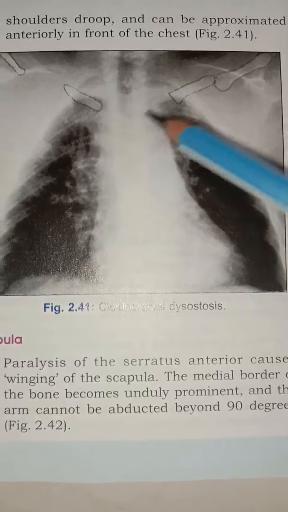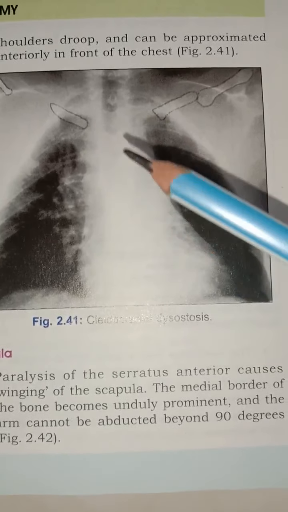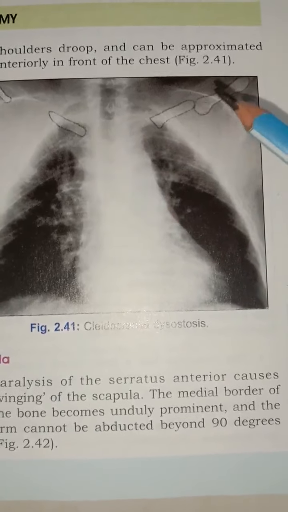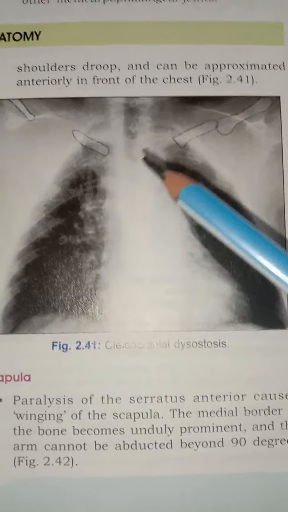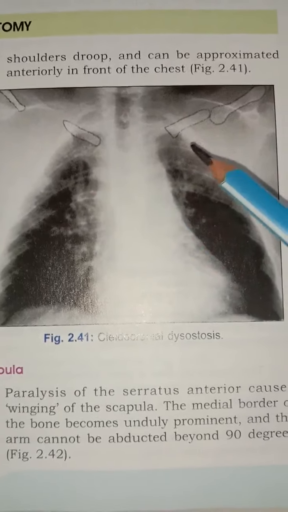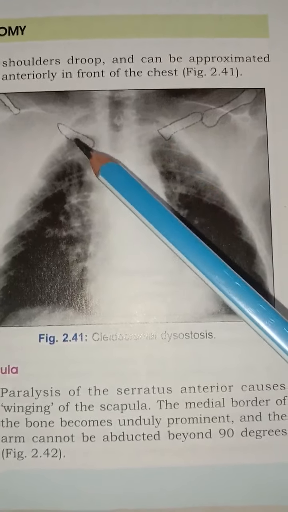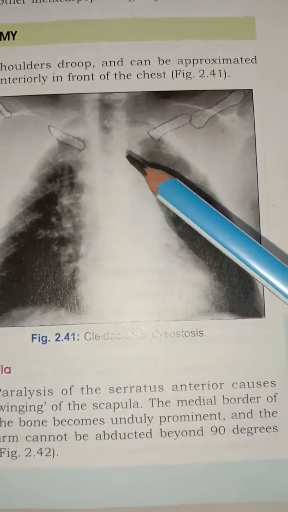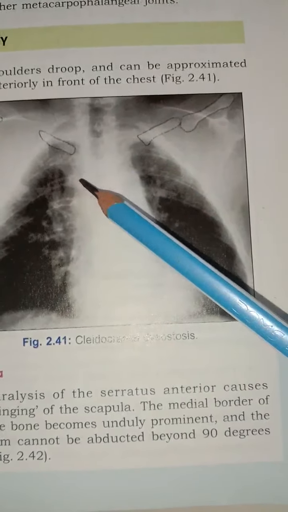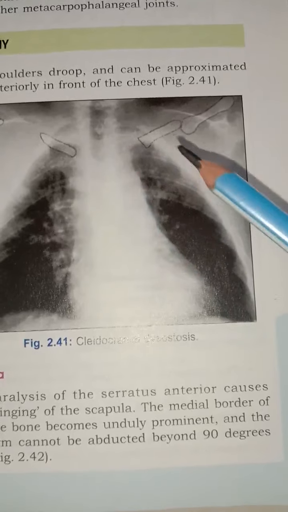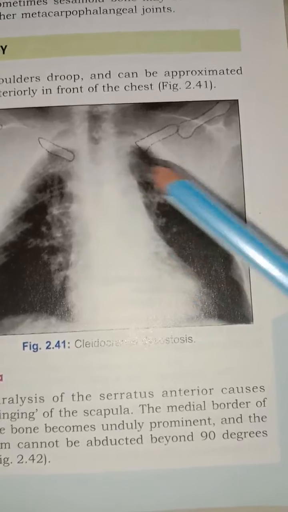Then the second clinical point: the clavicle may be congenitally absent or imperfectly developed. This is the X-ray, and here you can see the imperfectly developed clavicle. This clinical condition is called cleidocranial dysostosis.